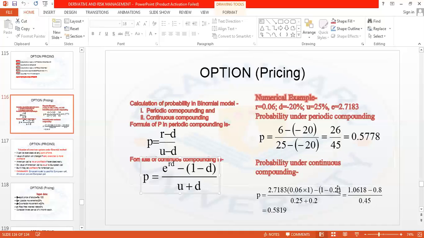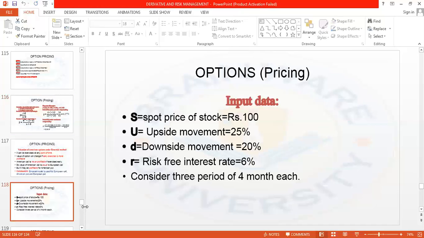So 1 minus 0.2, and here it is 0.25 plus 0.2. So ultimately the calculated figure will be 0.5819. Just see, the figure is varying a little. Instead of 0.5778, now it is 0.5819. So in future, in all our calculations, we will use this probability formula.